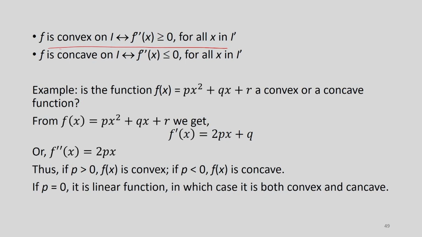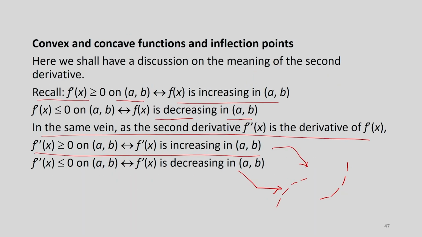Okay. Now, remember this thing, f double dash of x greater than or equal to 0, is something we have seen here. Okay, this is what it is, right? And here we have seen that this is equivalent to f dash of x increasing, right?